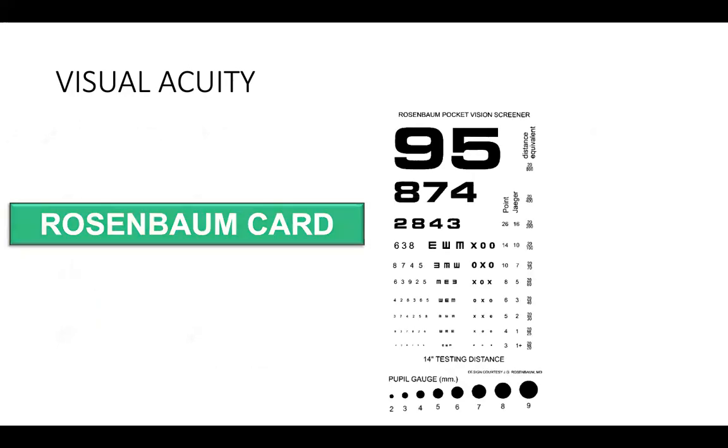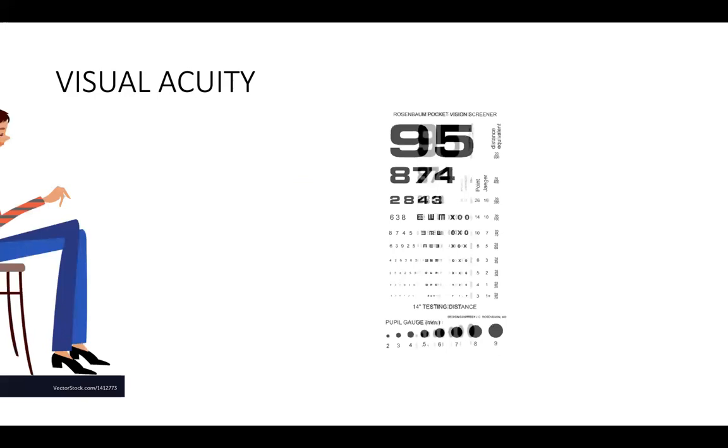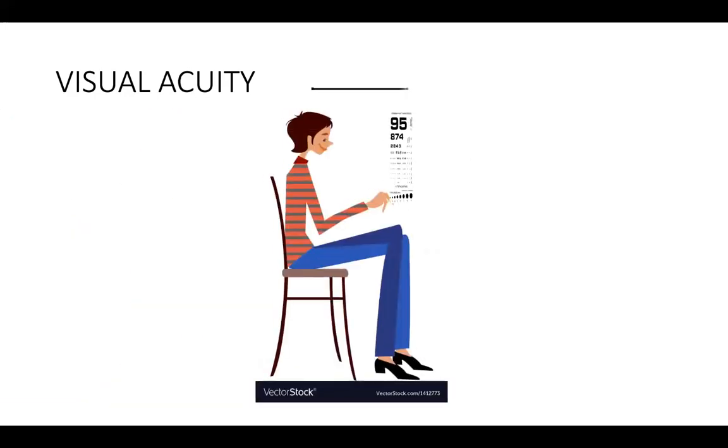A scale version of the Snellen chart, called the Rosenbaum card, is held at 36 centimeters or 14 inches. All subjects should be able to read the 6/6 meter or 20/20 foot line with each eye.